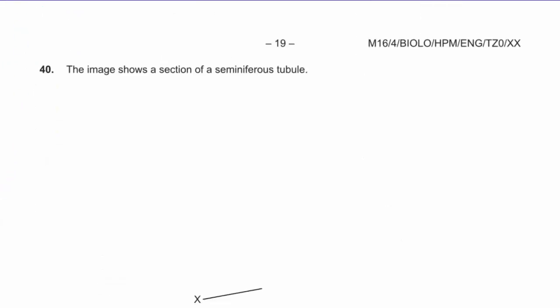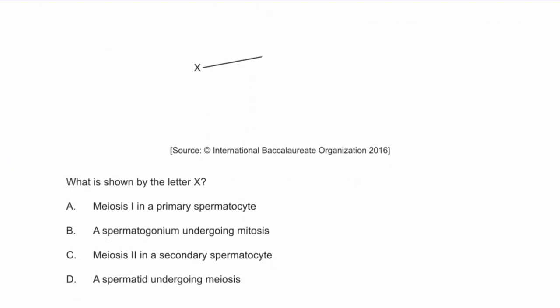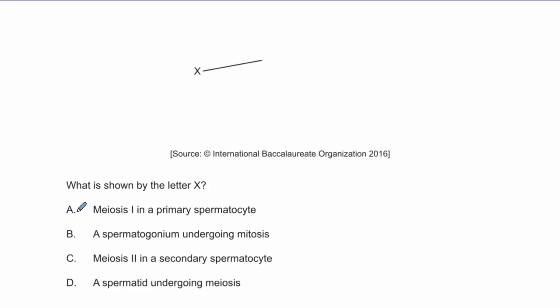40. The image shows a section of a seminiferous tubule. This is the last question, and we are missing the image here, but I think A is the correct one.